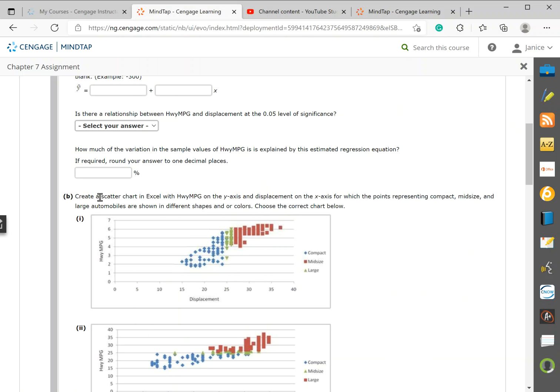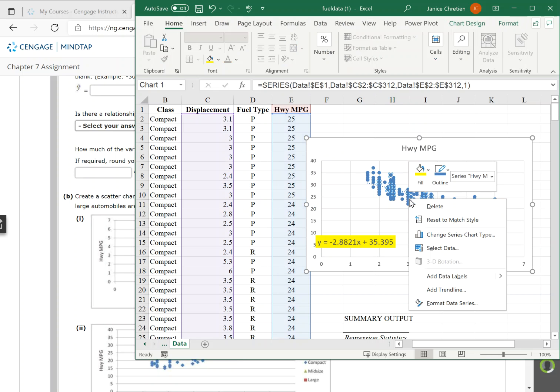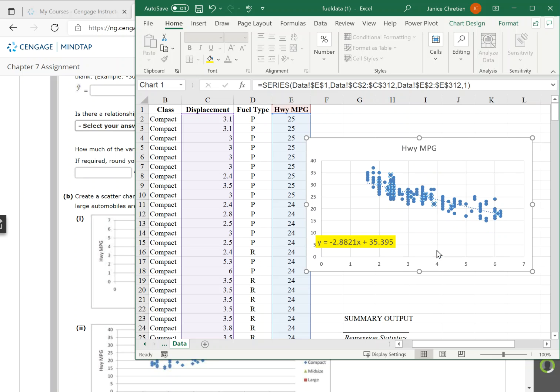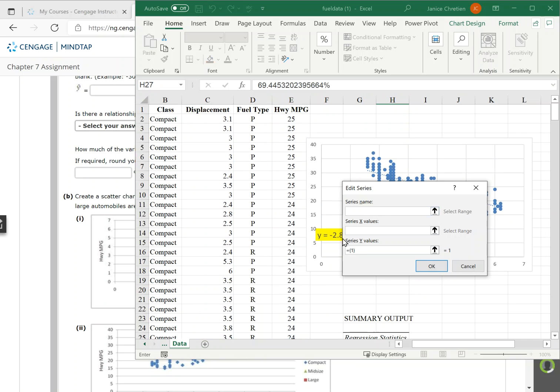Now, this part gets just a little tedious, but let's work through this. We need to create a scatter plot that differentiates between compact, mid-size, and large. So to do this, I'm going to right click and say select data. And I'm going to start by adding compact.